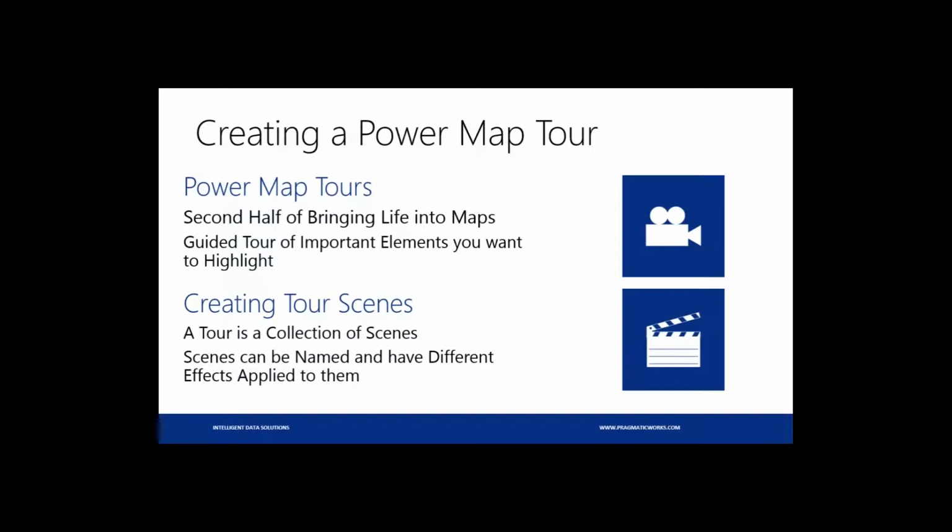The other option is that you can take a Power Map tour and output it to an MP4 file or a video file. And it actually takes the solution that you've created and puts it into a video. And then as a video, you can really share that however you want. You can put it on YouTube, you can put it on a SharePoint site and embed the video. There's a lot of flexibility you have.